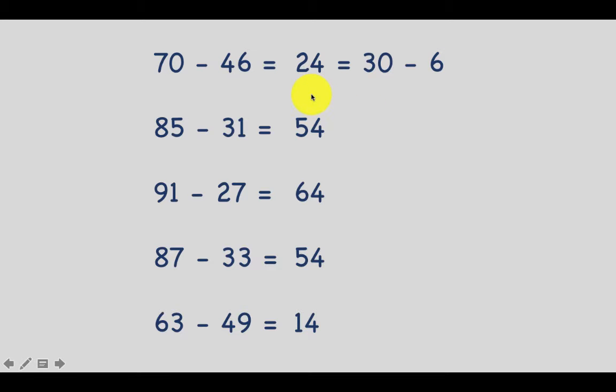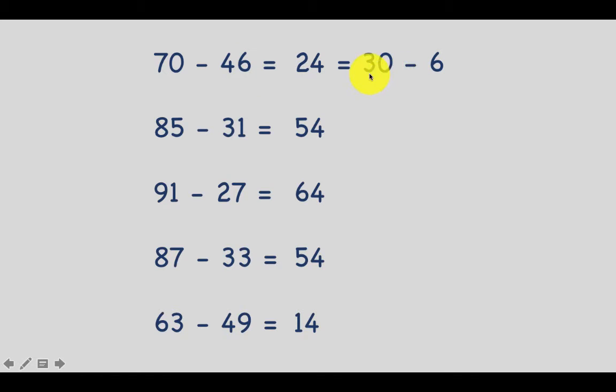We can generalize this strategy by saying that whenever regrouping is required, we can subtract the difference in ones from the difference in tens. 70 minus 40 equals 30. The difference in ones is 6, but regrouping is required, so we subtract the 6 rather than add it.